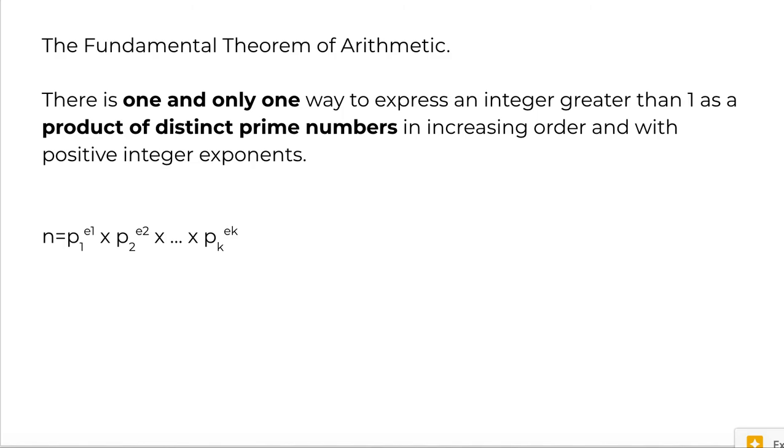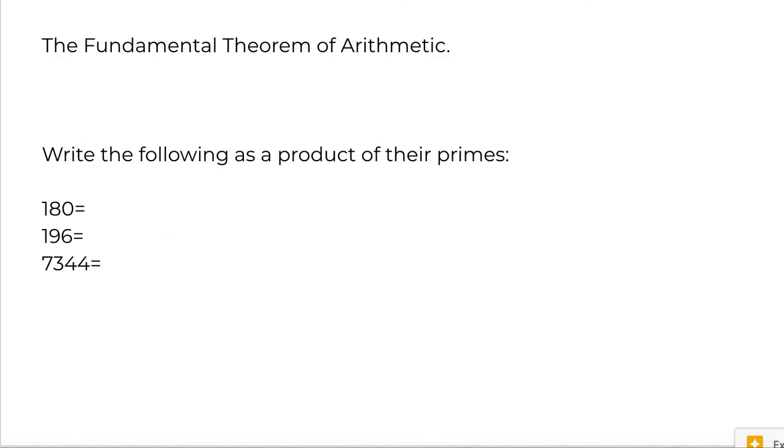What about the number 4? Now 4 can be written as 4 times 1 and 2 times 2. So it has other factors than 1 and itself, and hence it's not a prime number. So there is only one way to write a number as a product of its prime factors. Let's look at the question.